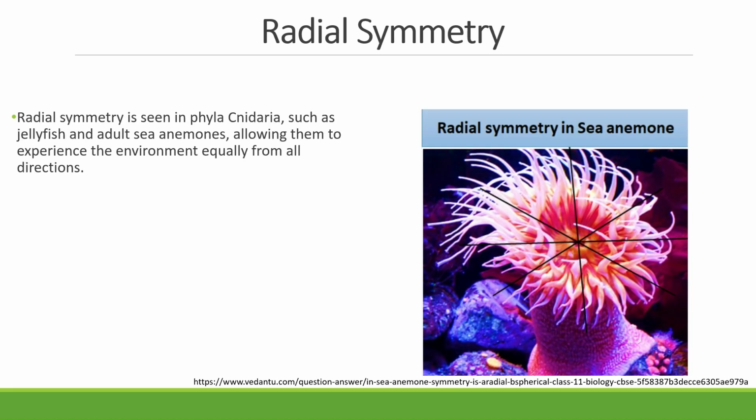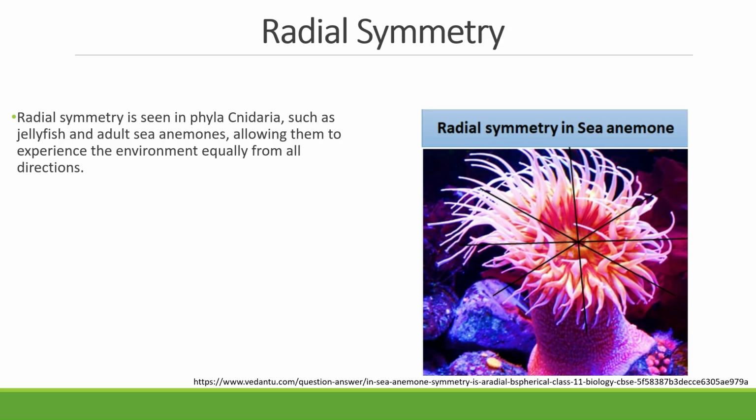Let's look more closely at what radial symmetry really means for these animals. In the diagram you see here, a sea anemone is shown from above. Any plane that passes through the central mouth and down through the body will cut the animal into two mirror images or halves. This arrangement lets the anemone or jellyfish interact with its environment from all directions.